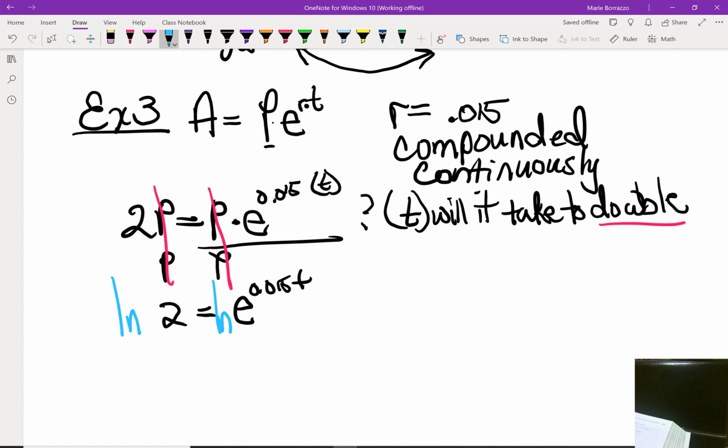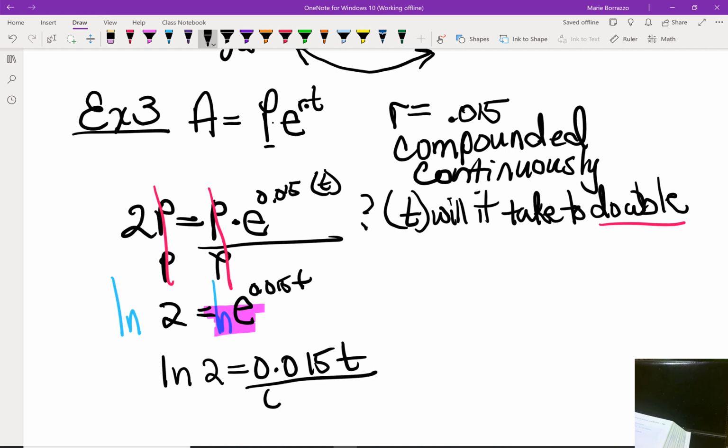Now we have natural log of 2 is equal to the natural log of e to the 0.015 t. Remember, these two cancel each other out. What you really have is natural log of 2 is equal to 0.015 times t.